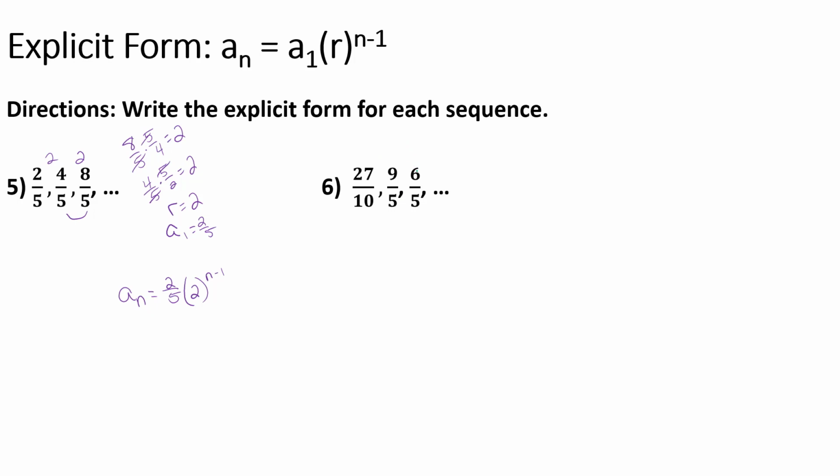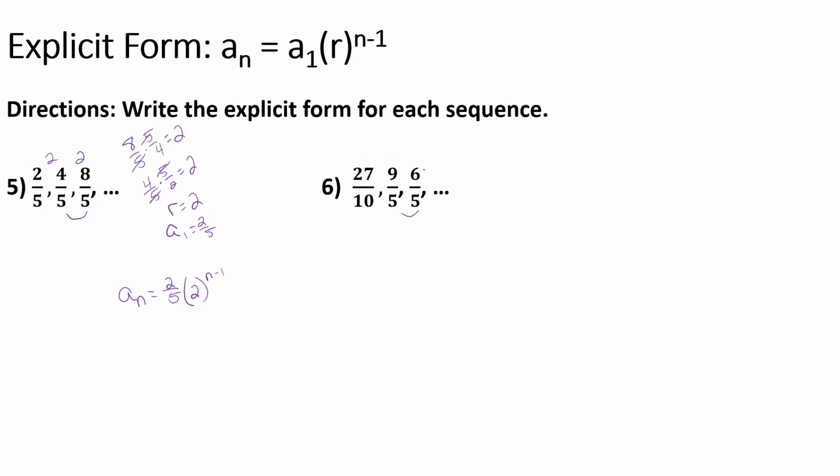All right, number 6. And of course, remember, anytime you feel confident enough to try a problem on your own, you're always welcome to pause, give it a shot, and then go through and check your answer as I'm working through it.